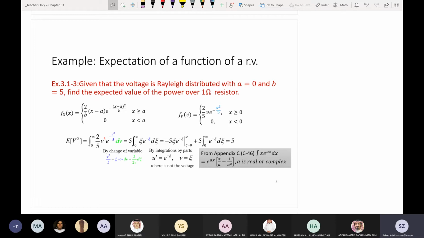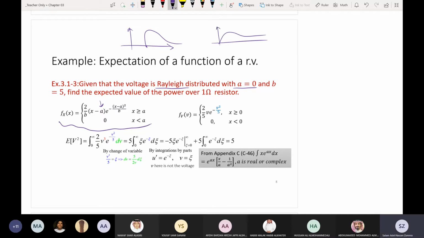Okay, so we have here a random variable that is Rayleigh distributed with a equals 0. The Rayleigh distribution PDF was basically this. There is an A where the distribution starts, so it looks like this at A. Now A here is 0, so the random variable starts at 0.